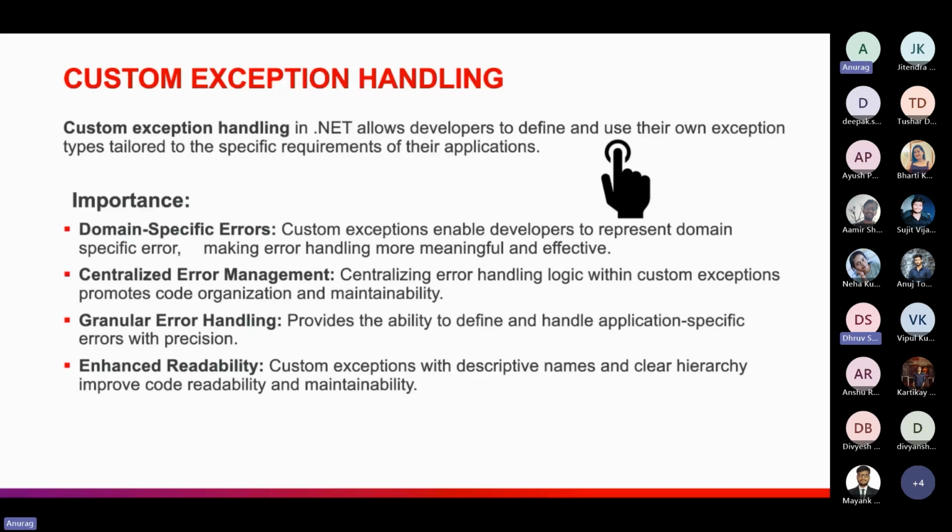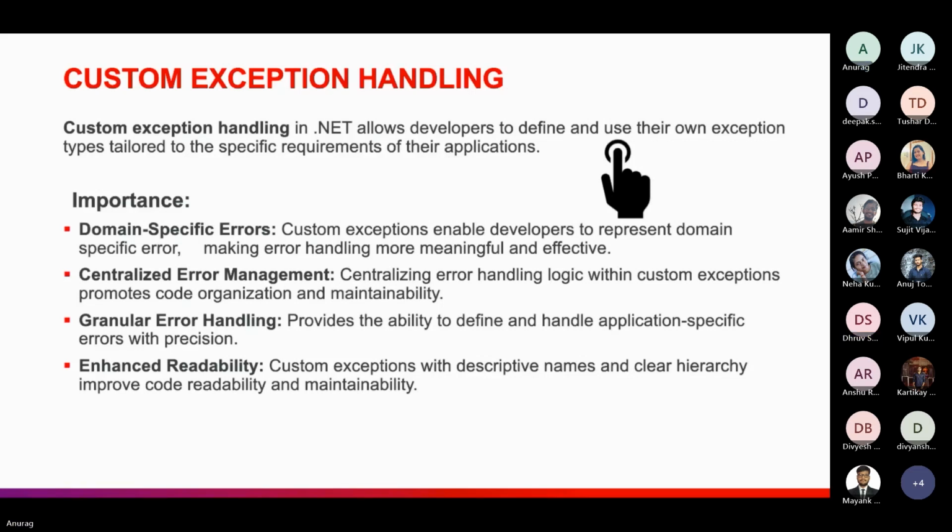Custom exceptions with descriptive names and clear hierarchy improve code readability and maintainability. So by these four ways, we can improve our custom exception handling, and we can improve the readability of our code base, and most importantly, error handling.